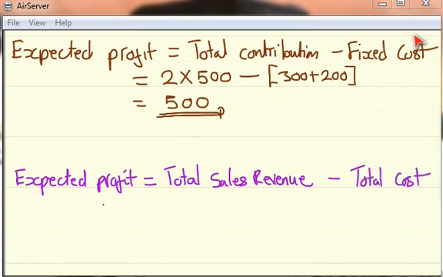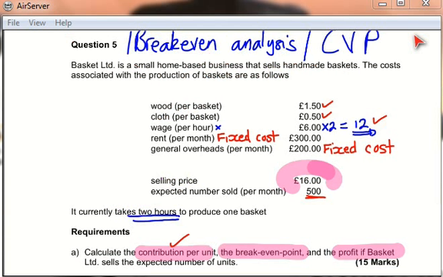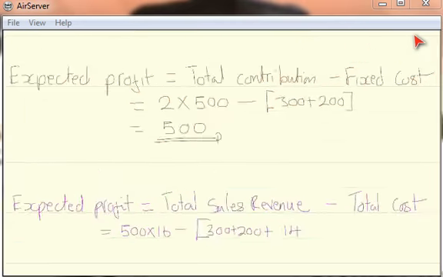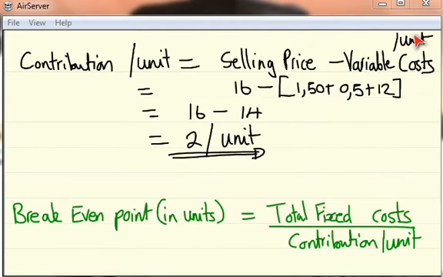So my total sales revenue is going to be 500 units times my selling price of 16, minus my total cost, which is made up of fixed cost of 300 plus 200 plus my variable costs. My variable costs, they're 14, if you still remember on top there.